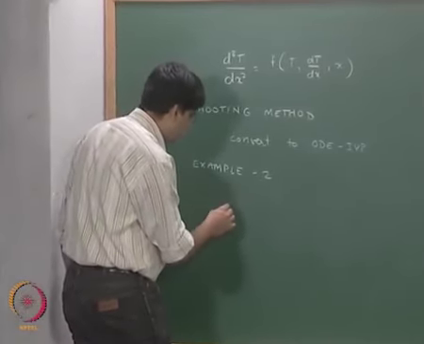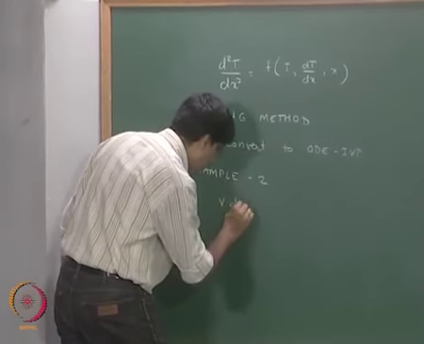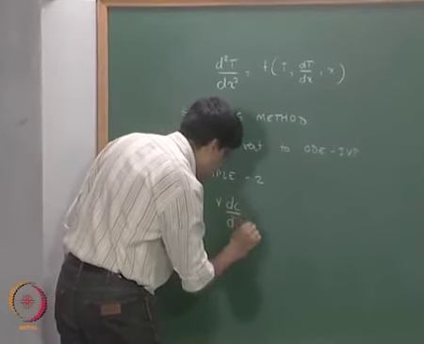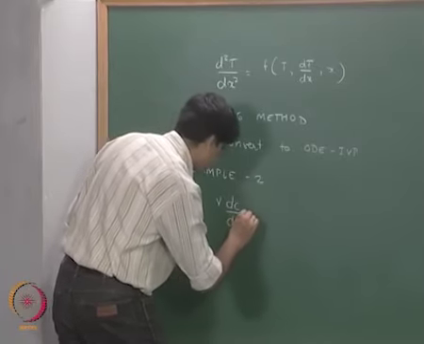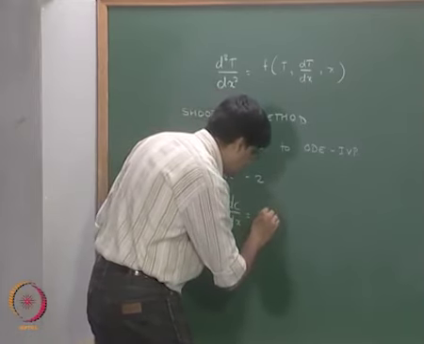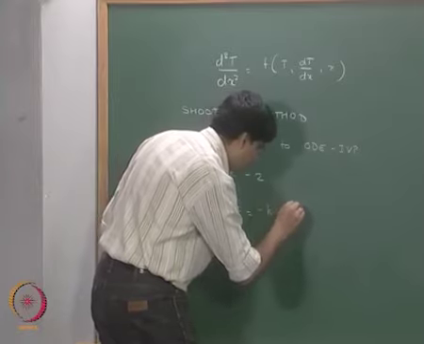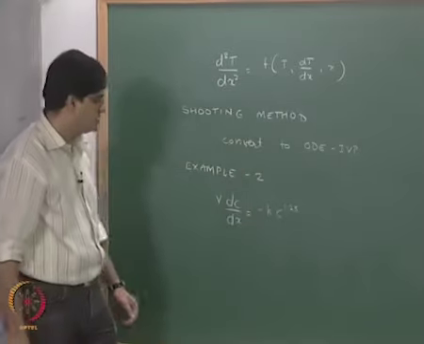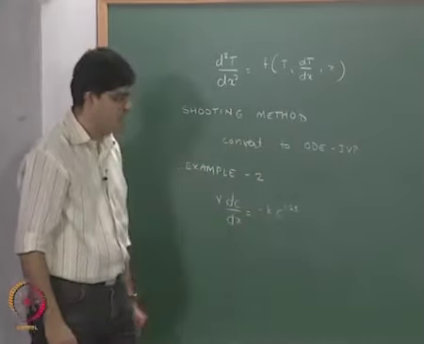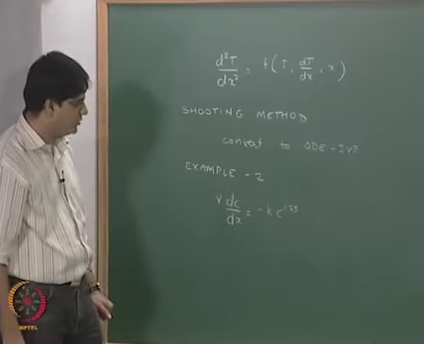The PFR, the plug flow reactor example we considered in ODE initial value problems, was of the form V dC by dx, where C is concentration, equal to minus k multiplied by C to the power 1.25. So this was the example that we had taken in the previous module.